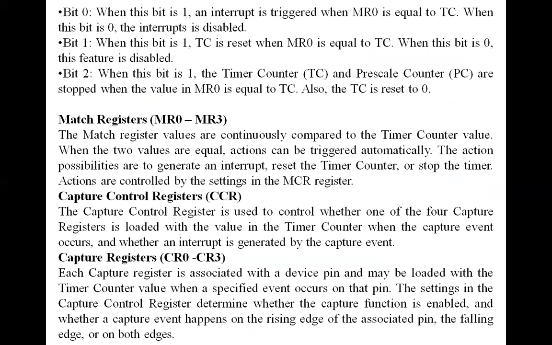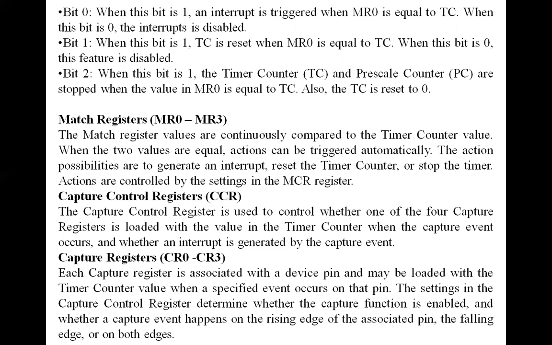Bit 0: when this bit is 1, an interrupt is triggered when MR0 is equal to TC. When this bit is 0, the interrupt is disabled. Bit 1: when this bit is 1, TC is reset when MR0 is equal to TC.